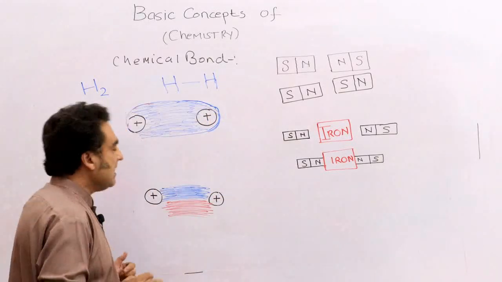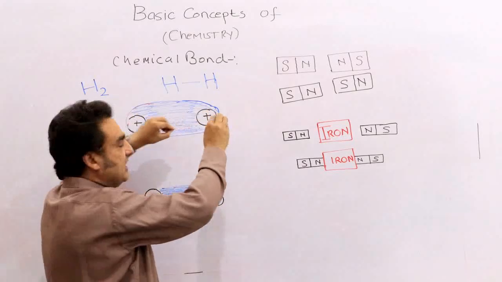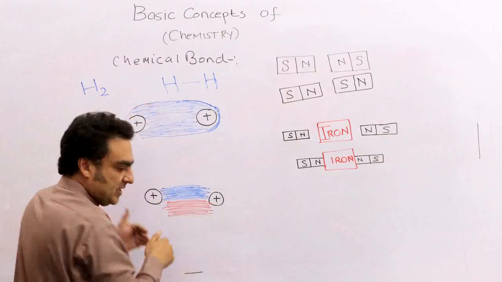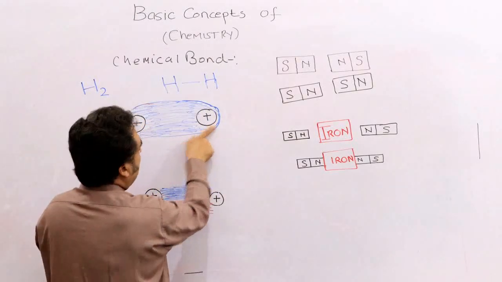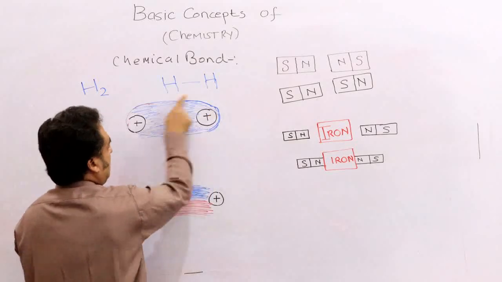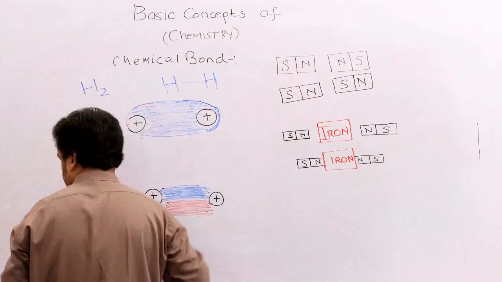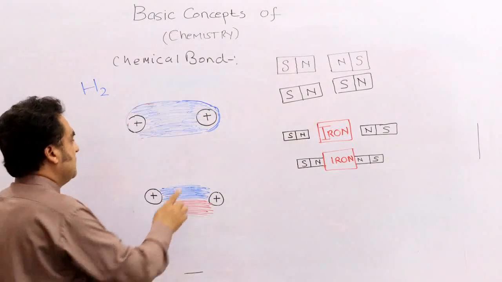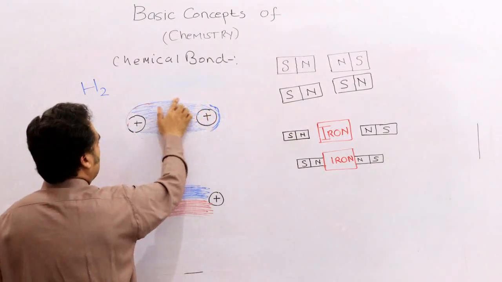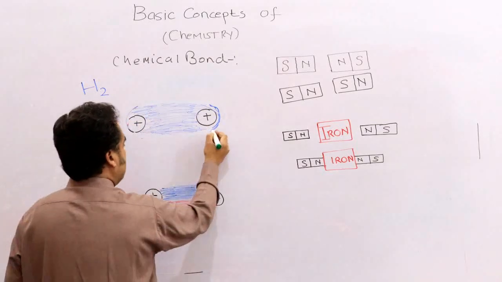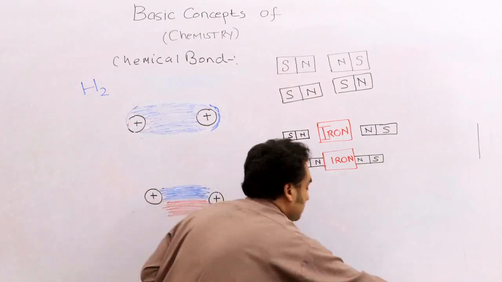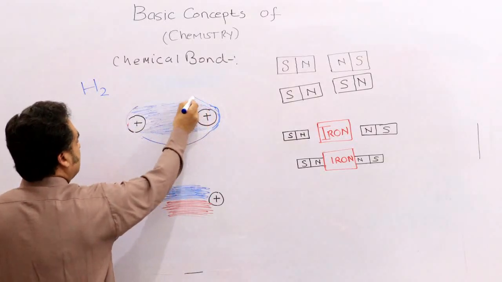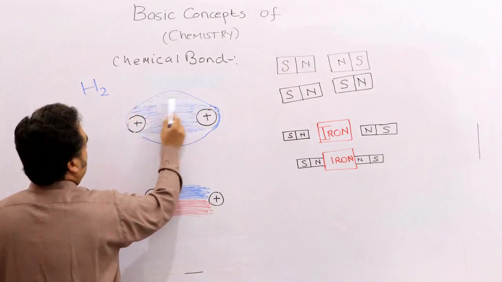So these are the protons, the nuclei, and it seems like the electrons are revolving around both the nuclei, moving very fast, but in the middle it is like this, and even at large contours when you see it, it can be blue. I am exaggerating this thing a little bit. So the cloud is like this.